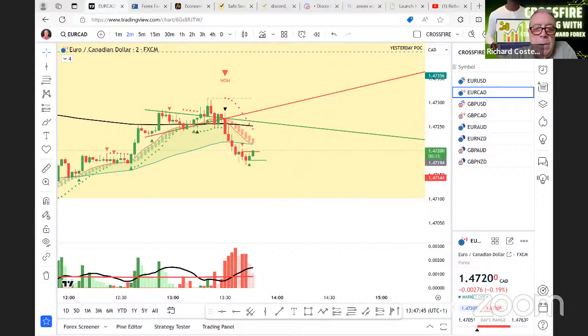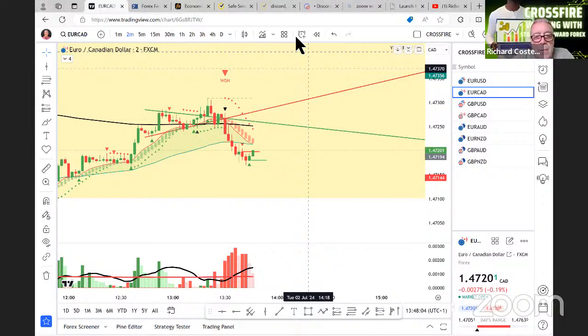One second. I'm just double checking that I'm sharing the correct screen. Yes, and that sound was possibly the trading assistant getting me into another trade.